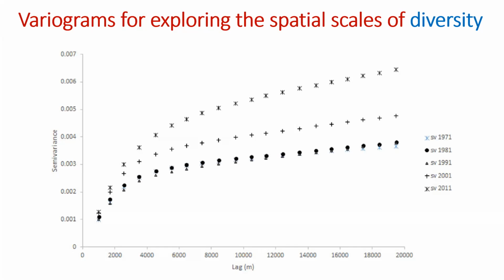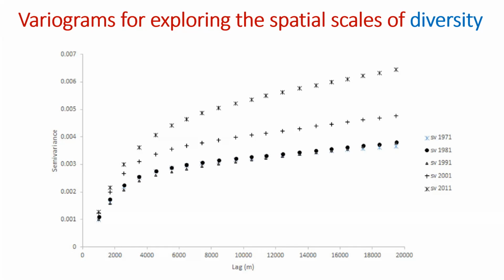And the increasing maximum semi-variance values, okay, so reading off the y-axis, indicate an increase in the differences between highly diverse urban areas and elsewhere, and reflect that kind of moving of diversity from urban cores to suburban areas.